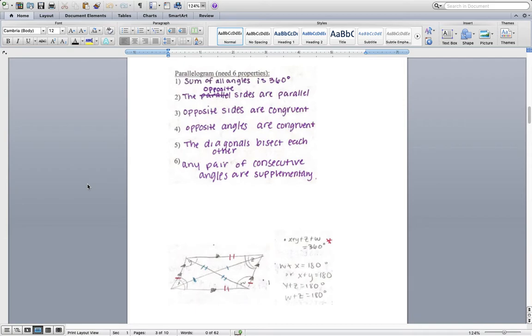They're right next to each other in the parallelogram, so they're going to add up to 180. Y plus Z are also next to each other, so they add up to 180, and W plus Z equals 180 as well. So write all that out. Those supplementary angles correspond to property number 6 of a parallelogram. Any pair of consecutive angles are supplementary.